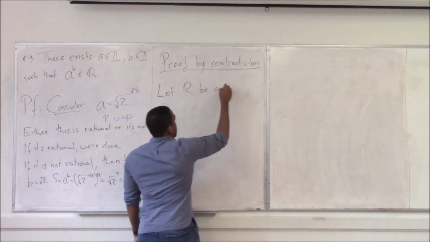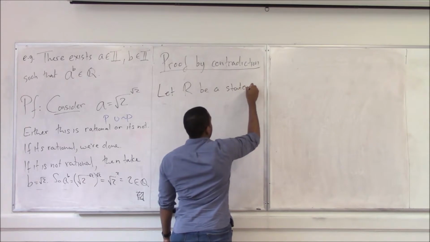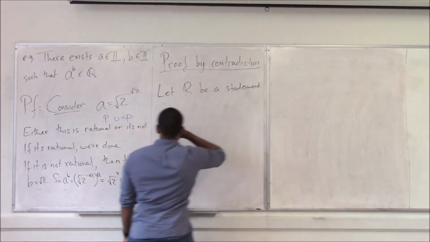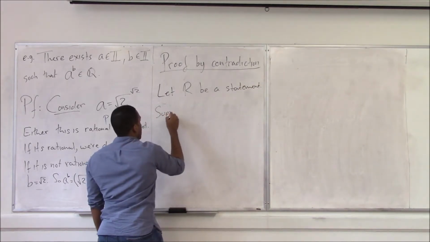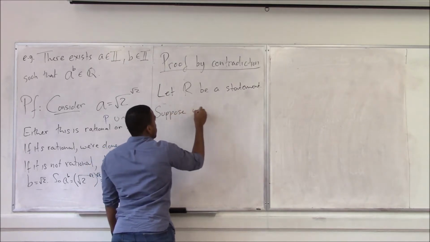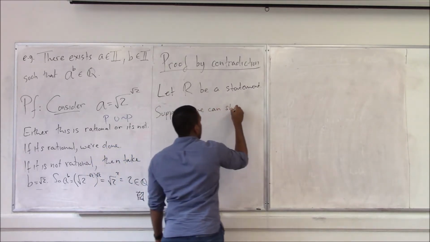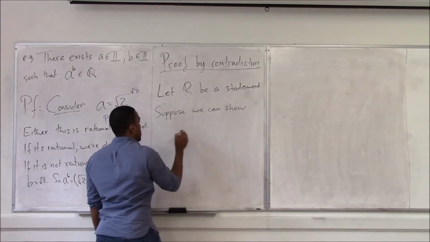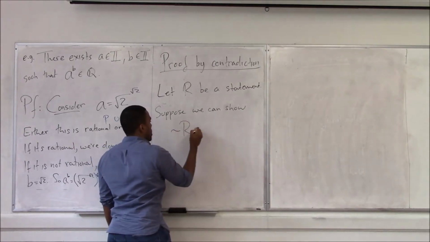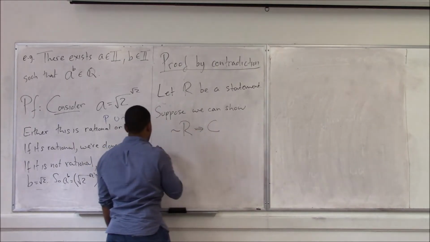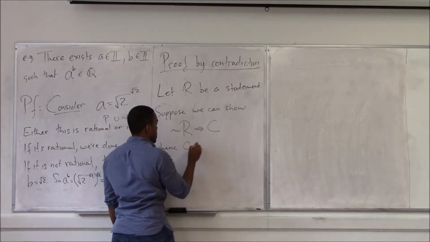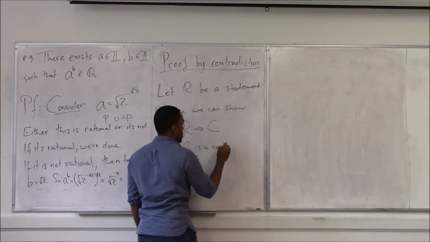Let R be a statement. Suppose we can show not R implies C, where C is a contradiction.